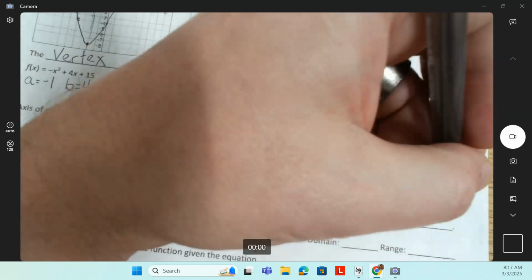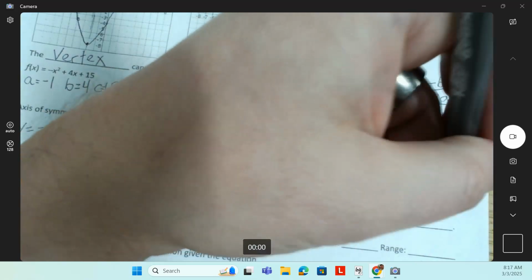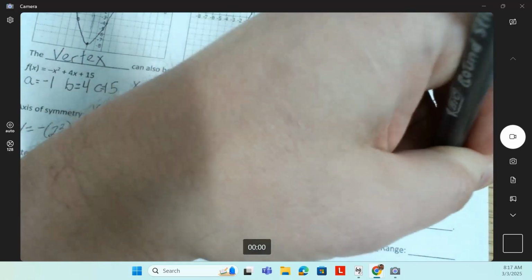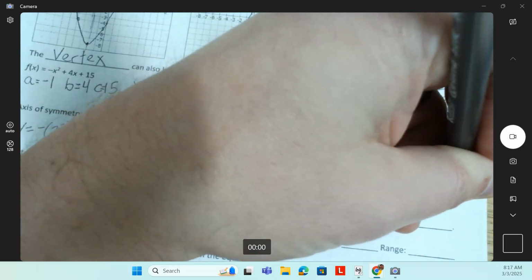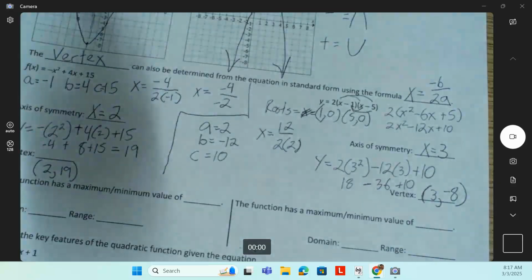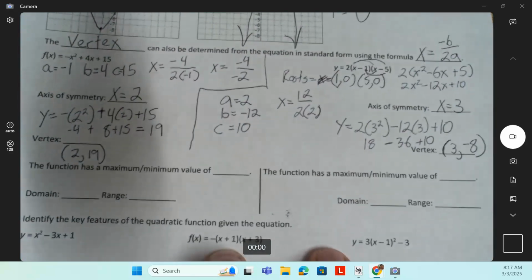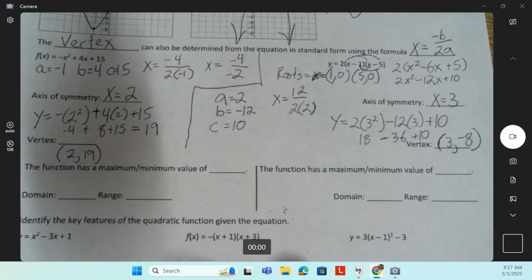So my vertex is going to be, x value is 3, y value is going to be negative 8. And once we've got those vertices, that's going to help me to figure out my minimum and maximum, as well as my domain and range.